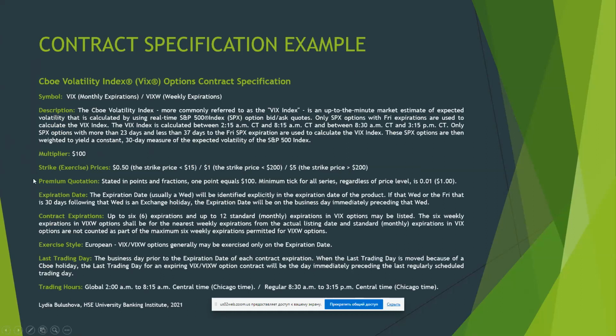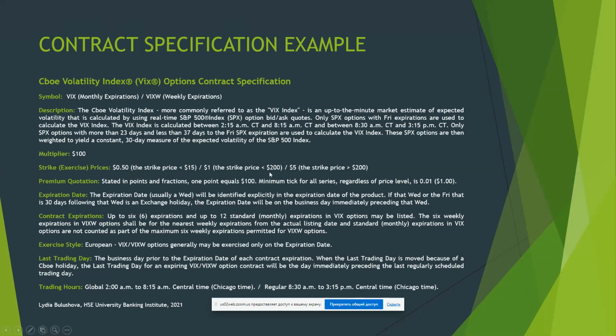Here we've got info on strike prices. That's a step. If the strike price is below 15 US dollars, options are offered with a step of half a US dollar.